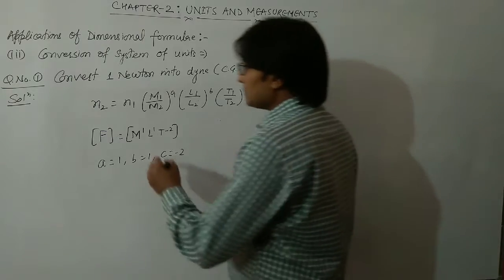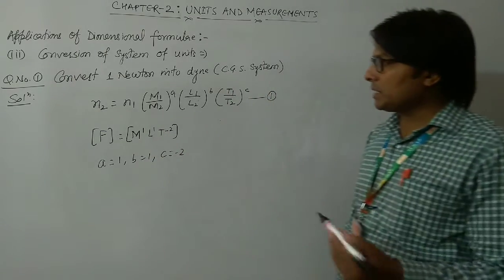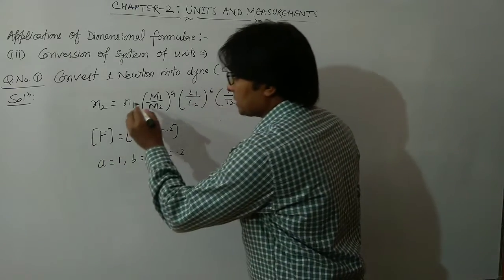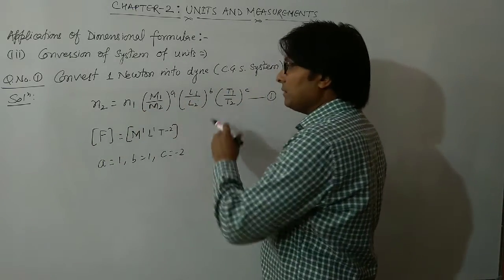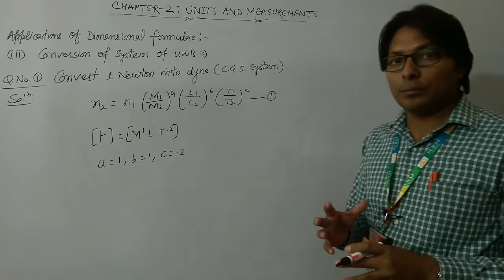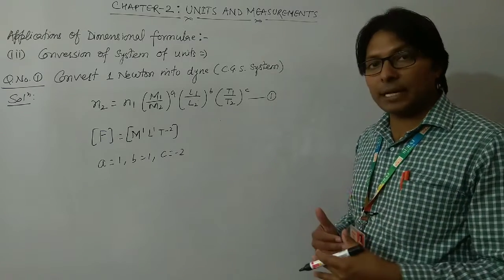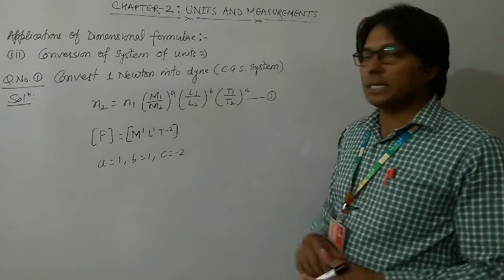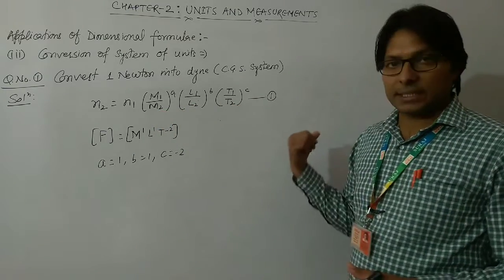Okay, now for M1, M2, L1, L2 and T1, T2 we have to put in the values. M1, L1, T1 are the units of mass, length and time in the MKS system, and M2, L2, T2 are the units in the CGS system.